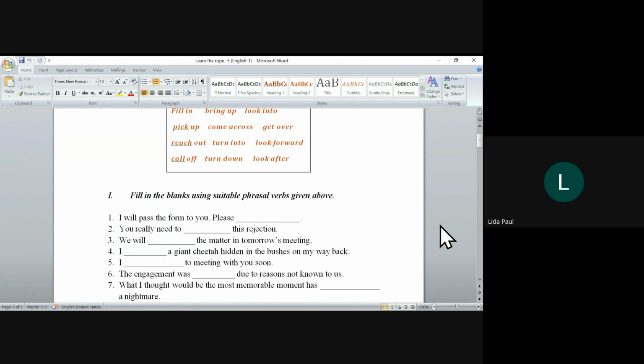I will pass the form to you. Please. You think it's non-separable? Can I not say please fill it in? Yes, ma'am. Can I say, yeah, I'm asking you if we can do that or not. Yes, ma'am.